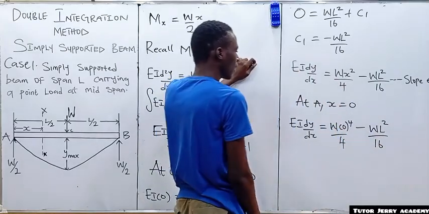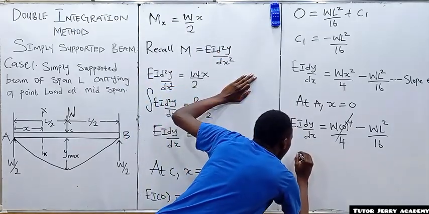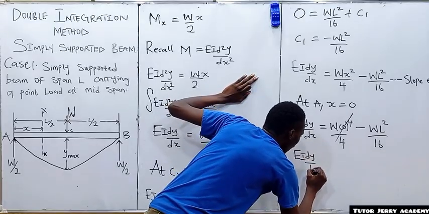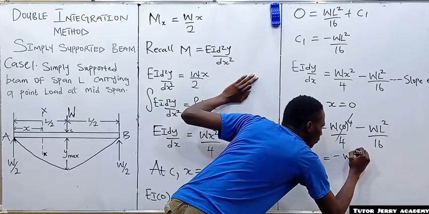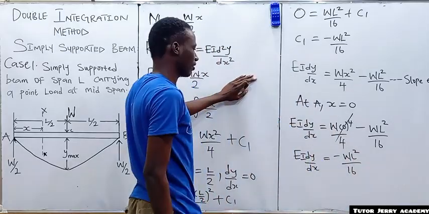Now you know that we have 0 here, so this is gone. So this will be nothing but EI dy over dx equal to minus W L to the power of 2 all over 16. This is what we have.